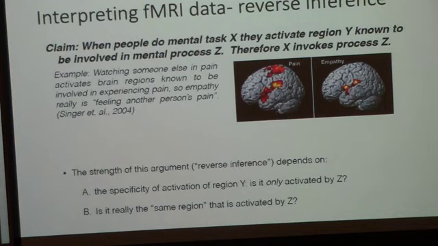Can I say that X can invoke the process Z? The answer is no, we cannot say that, because this is what we call reverse inference. Although Y can have an effect on both Z and X, it does not mean that X and Z have a relationship. It might be just that Y can be activated by both processes. It is not that task specific.